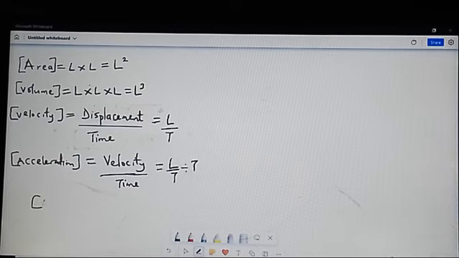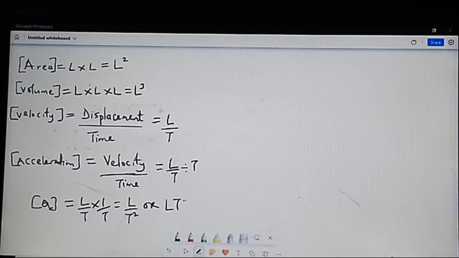This is saying acceleration, let's use small letter a, is equal to L over T times 1 over T. That gives us L over T squared, or L T raised to power minus 2.